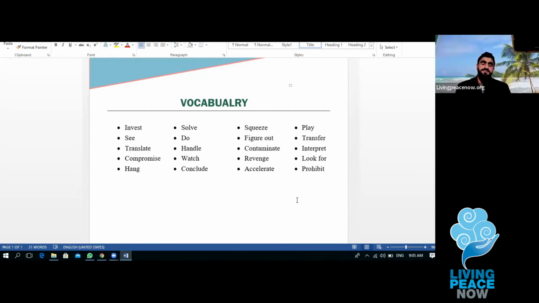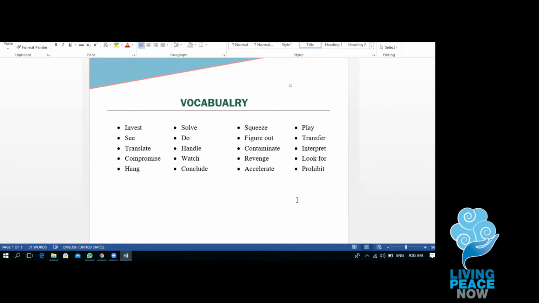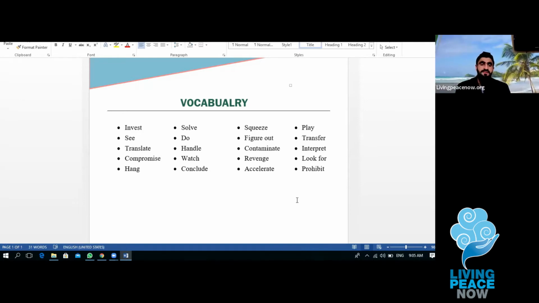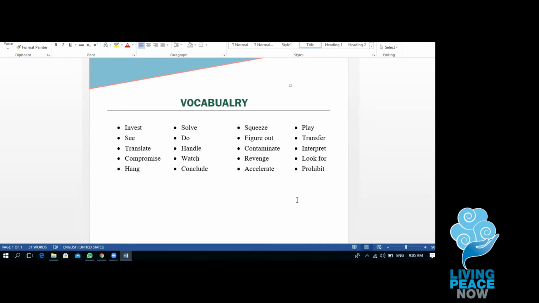Yeah, very good. Can you tell me what this is? Is it a noun, verb, or infinitive? Translate. It is a verb, sir. Can you change this to a noun? Translation.